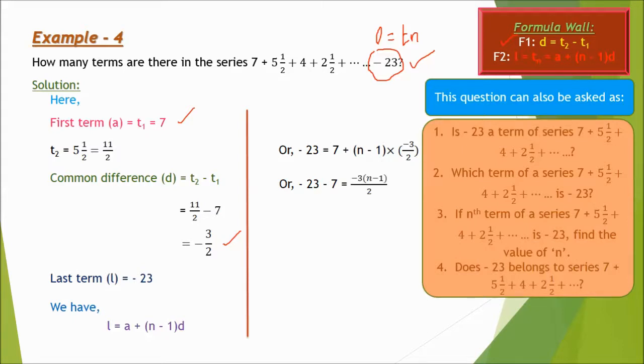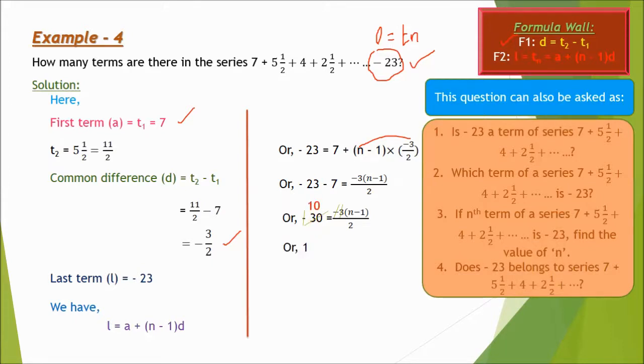Now you can see the solution. The value of L is 23, plus A is 7, plus n minus 1, and D is minus 3 by 2. Now, or minus 23, minus 7, you can see the calculation is rolling on your screen.